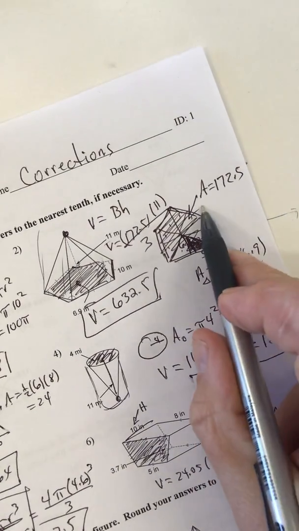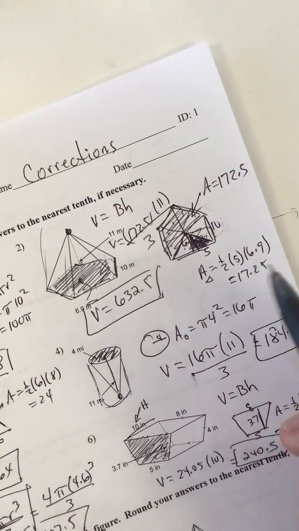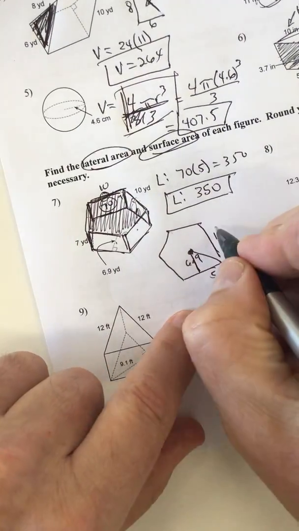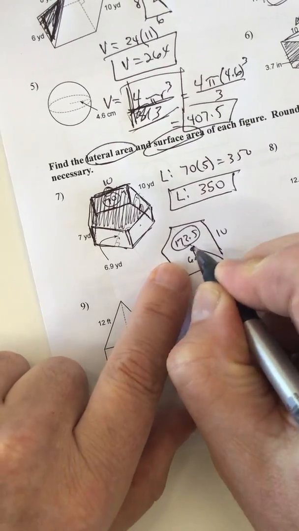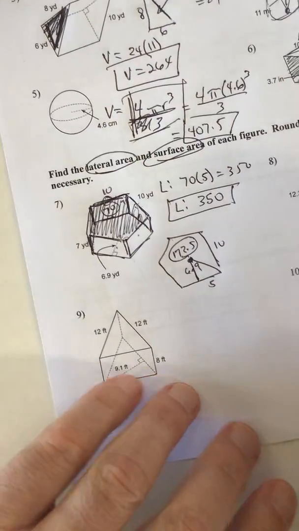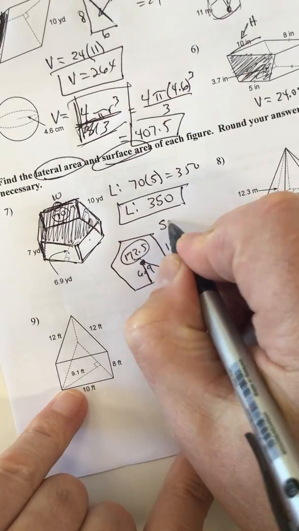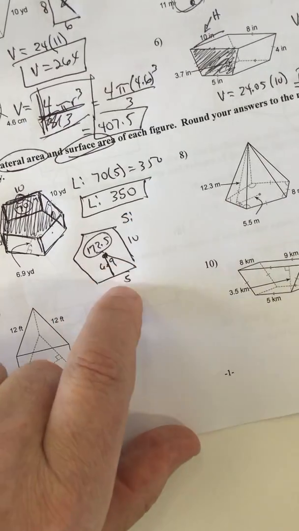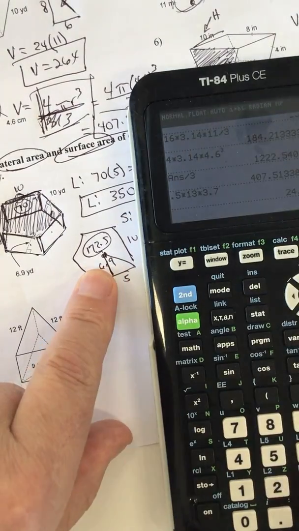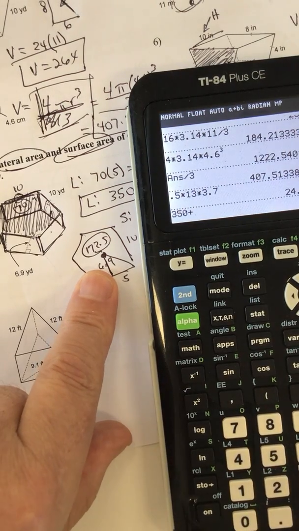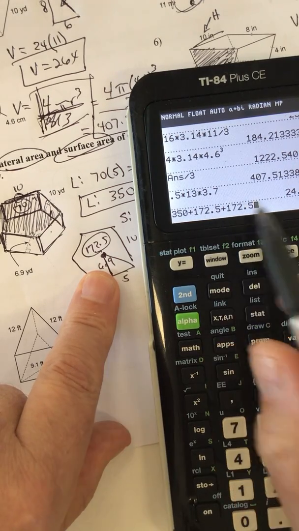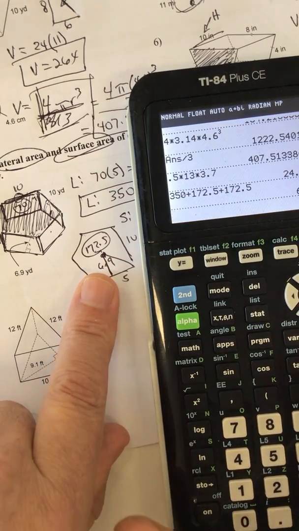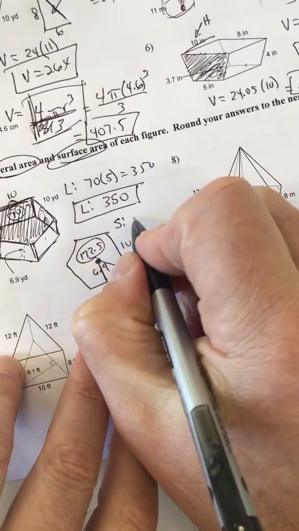Don't really need to redo it. That area was 172.5. So this area right here is 172.5. That's the top, and then there's another one on the bottom. So the surface area is all of the sides, 350 plus 172.5 and another 172.5. There's the top and there's a bottom, for a grand total of 695.